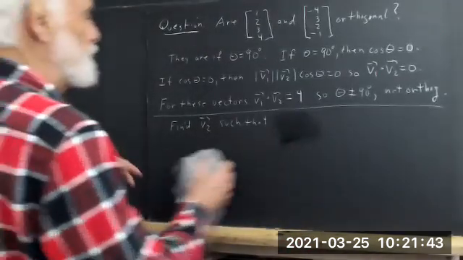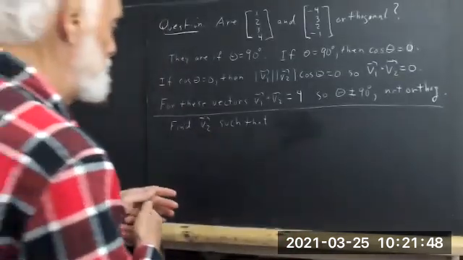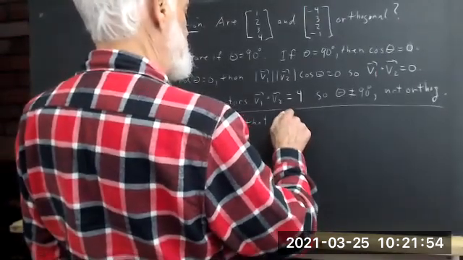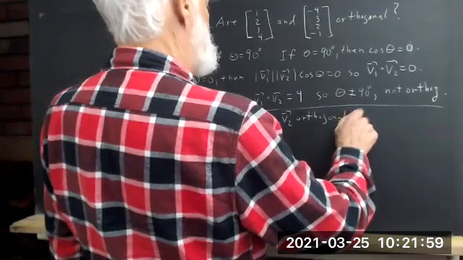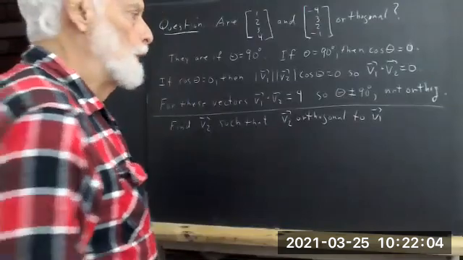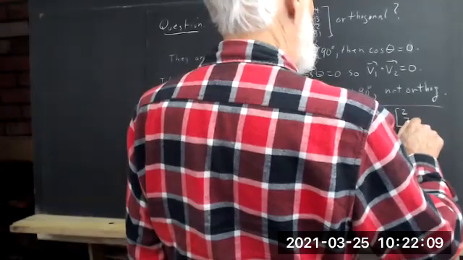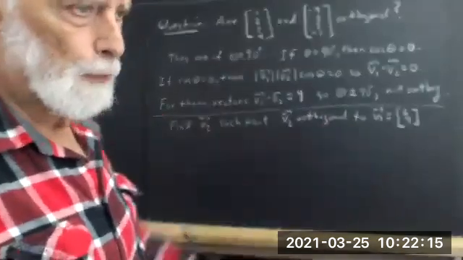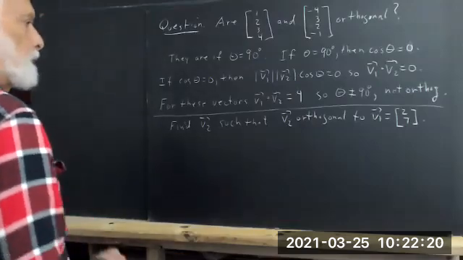Let's state this such that V2 is orthogonal to V1. And let's let V1 be plain old 2, 7. Kind of like the 7, 2 we started with before.